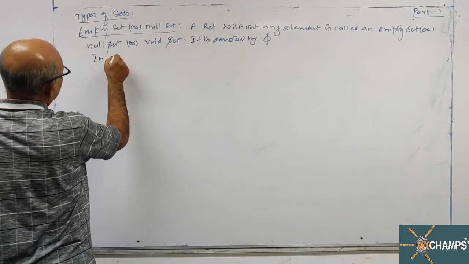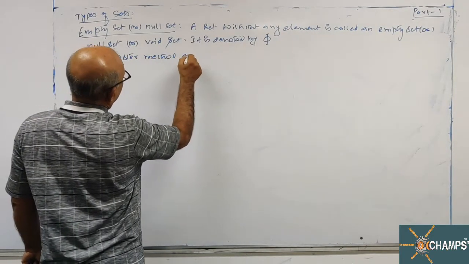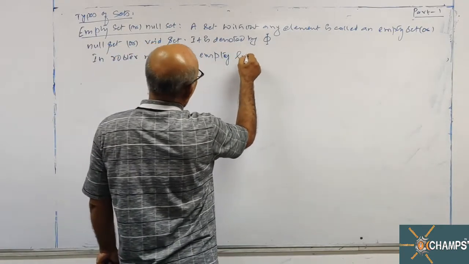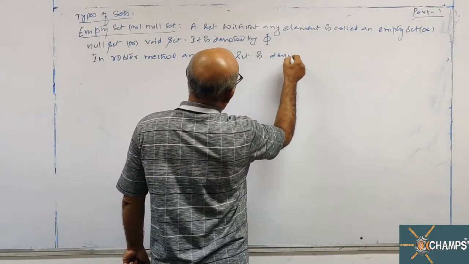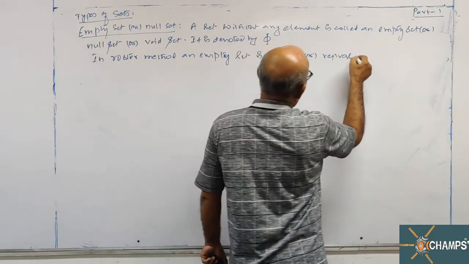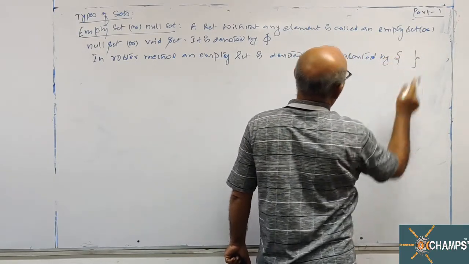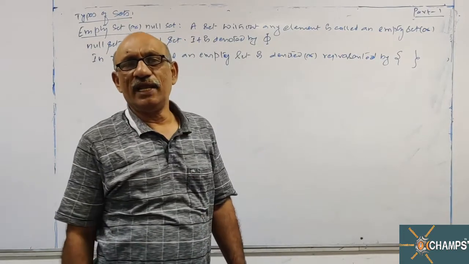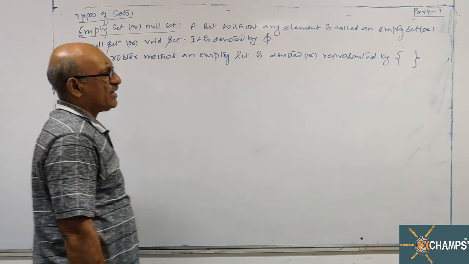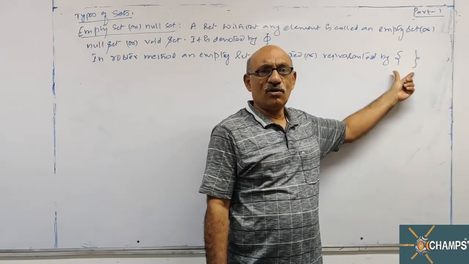In roster method, an empty set is denoted or represented by braces without any element. Within the braces, when I don't write any number, then it is called an empty set.